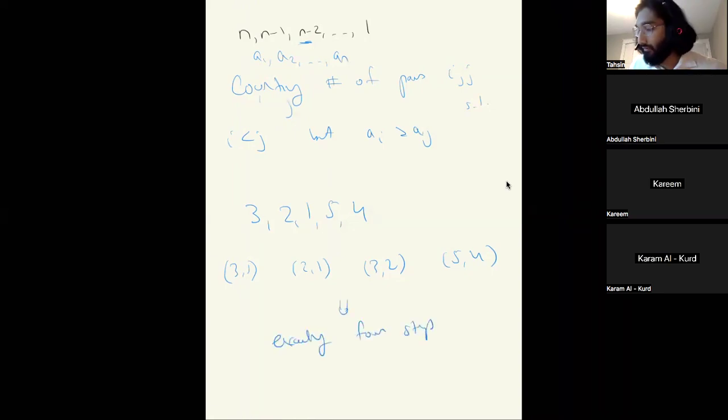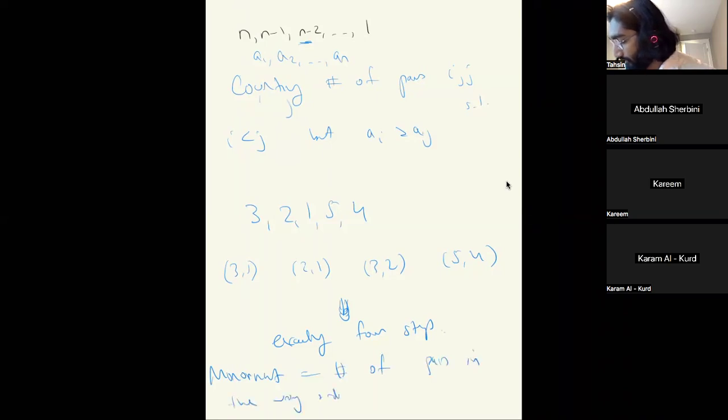Yes. And so this is an example of something I was calling a monovariant, which is the number of pairs in the wrong order. All that word monovariant means is a quantity that is either always increasing or always decreasing.